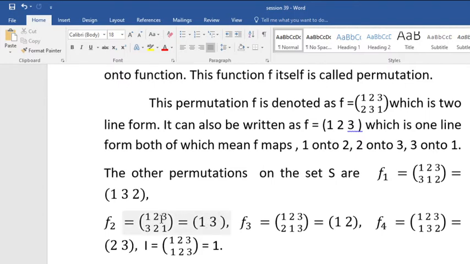It is understood that the image of 2 is 2 itself. And this is another permutation F3, where 1 is mapped with 2, 2 is mapped with 1 and 3 is mapped with 3. We have another permutation where 1 is mapped with 1, 2 is mapped with 3 and 3 is mapped with 2. And the last permutation is 1 mapped with 1, 2 mapped with 2 and 3 mapped with 3. That is nothing but the identity permutation.